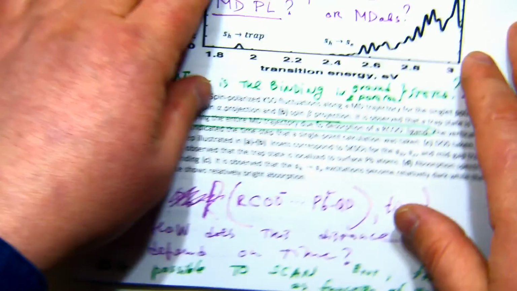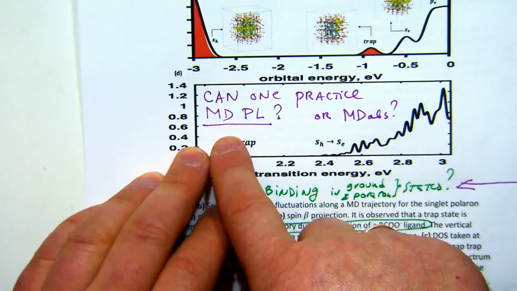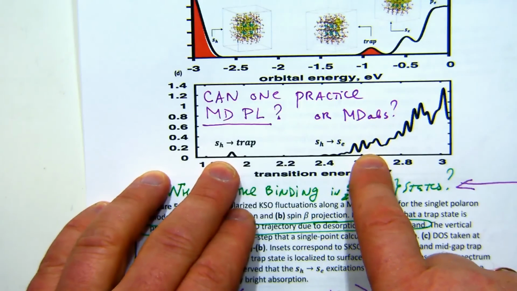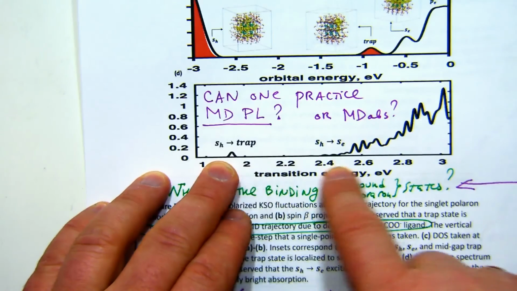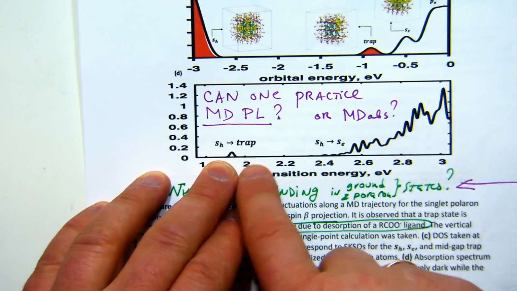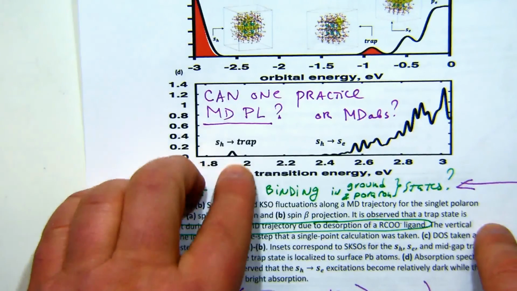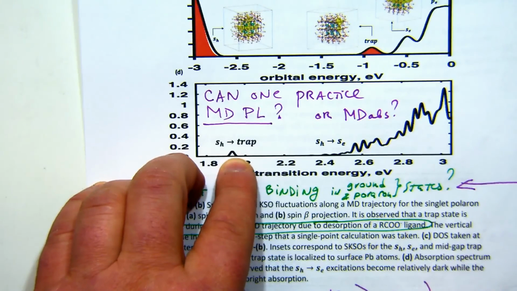And same as for Kevin, it could be interesting to practice in DFT or maybe molecular dynamics, averaging the absorption over the whole trajectory and seeing, just out of curiosity, how it looks. Because here the trap is bright, which is a little counterintuitive. Maybe it's just a lucky step, and on all other steps it will not be as bright.